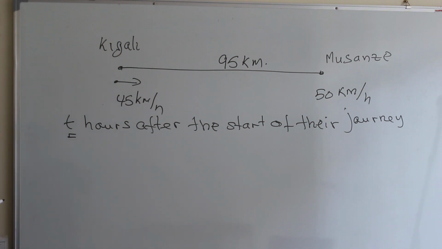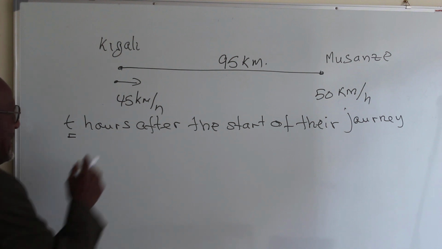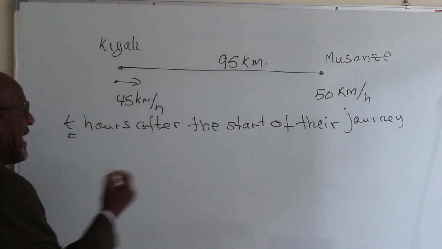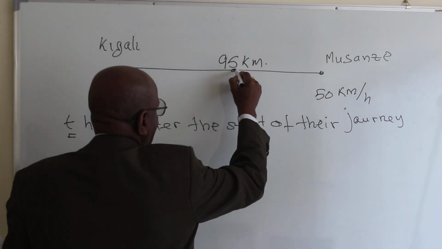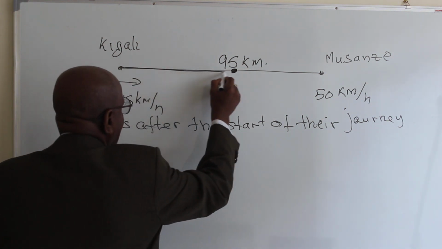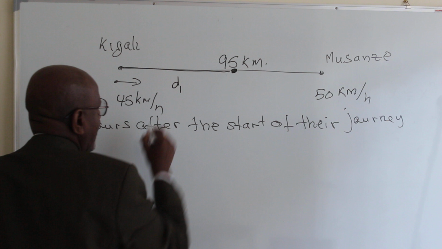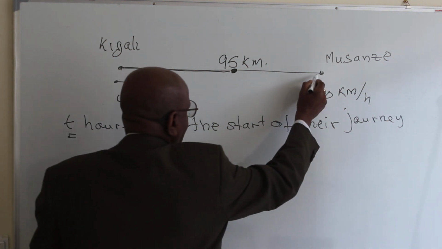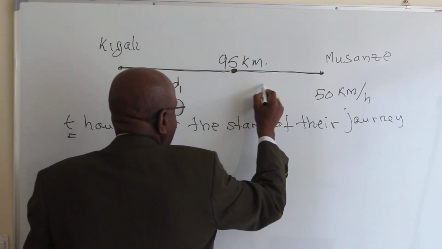Now, what we know is this. Let us say that they meet at some point here. Let's call this distance D1. And let's call this distance D2.